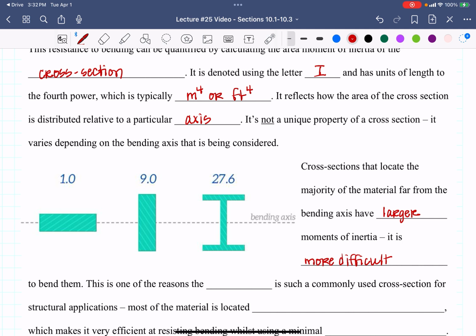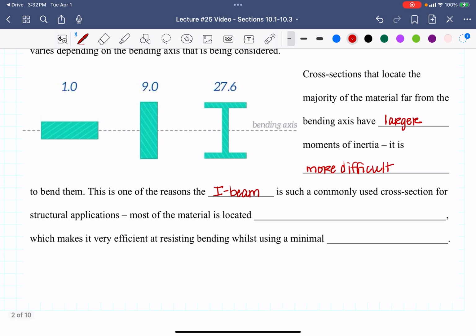This is one of the reasons the I-beam, which you see above, the one that looks like the shape of an eye, is such a commonly used cross-section for structural applications because most of the material is located far from the bending axis, which makes it very efficient at resisting bending while using a minimal amount of material.